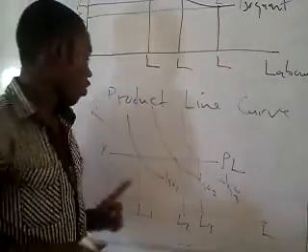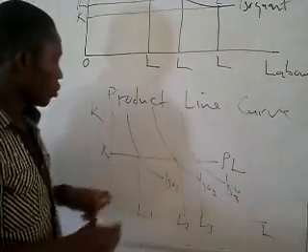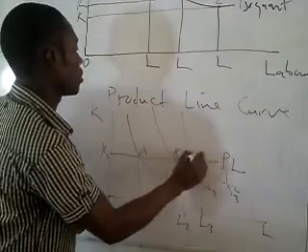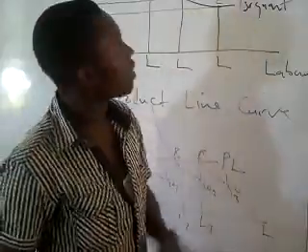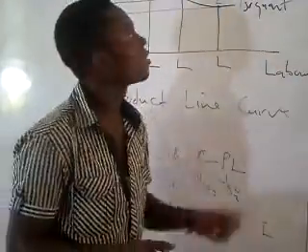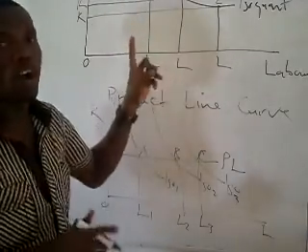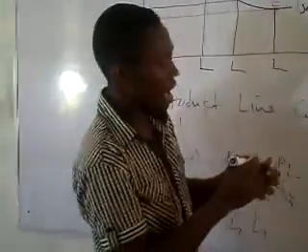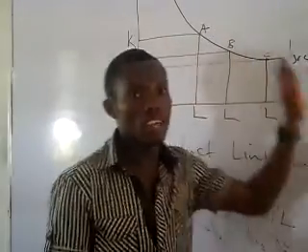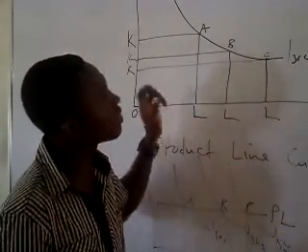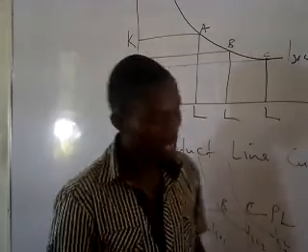At the same capital combination, labor increases from L1 to L3 to produce different levels of outputs at output A, B, and C. So the main difference between an isoquant and a product line is that an isoquant is just input combinations that yield the same level of output, whilst a product line is a line that joins various isoquant curves. Various isoquant curves.